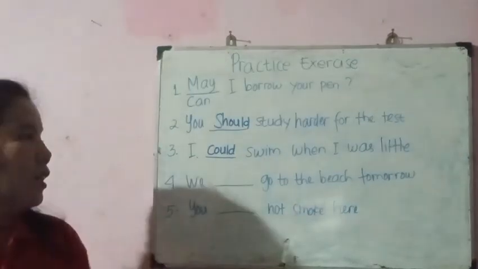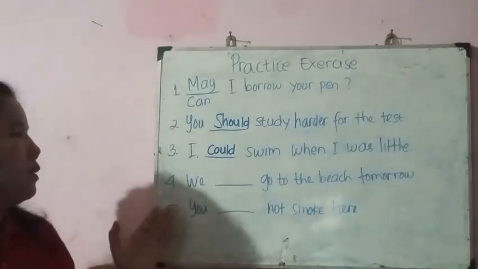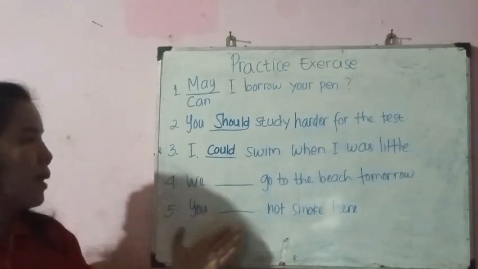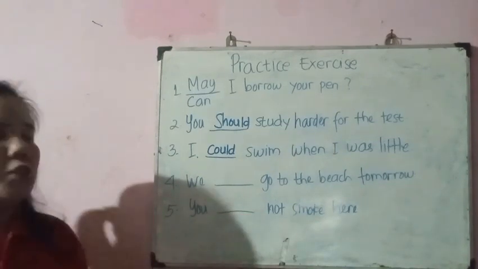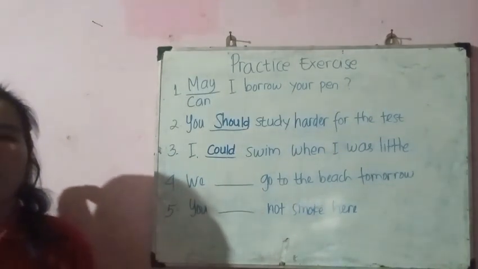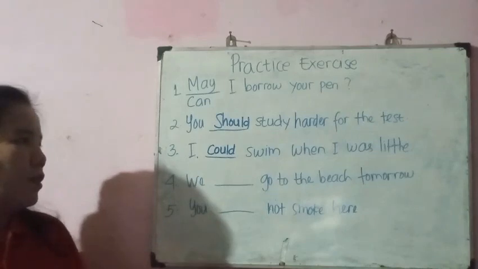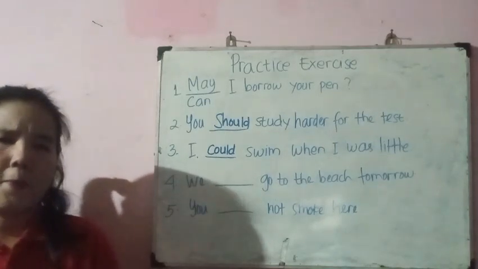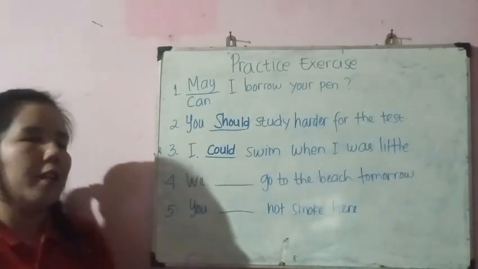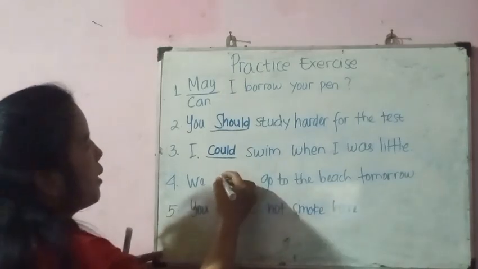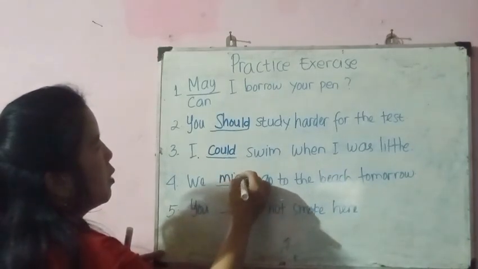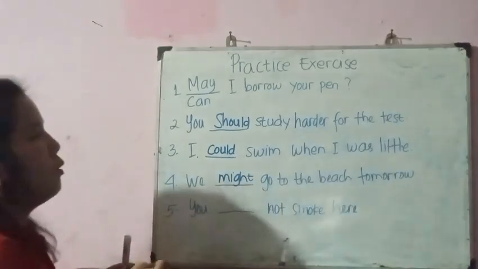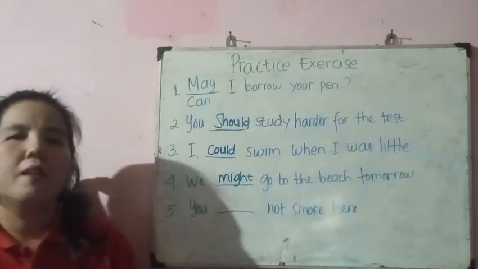Okay, number 4. We blah blah blah go to the beach tomorrow. Okay, which modal shows possibility? Okay, the correct answer is might. We might go to the beach tomorrow.